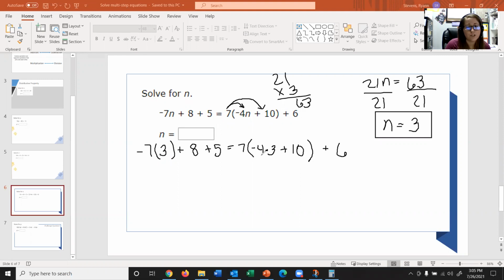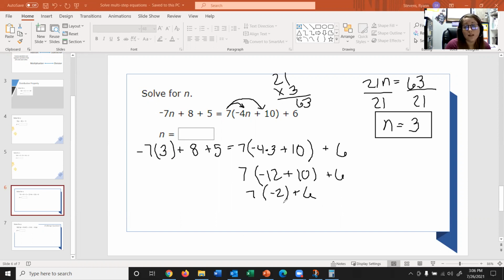And since the multiplication is in the parentheses, we're going to do that part before we add 10. So negative 4 times 3 is going to give us a negative 12 plus 10. And then we're going to add 6. And then this is going to be 7 times negative 2 plus 6, which is going to be negative 14.